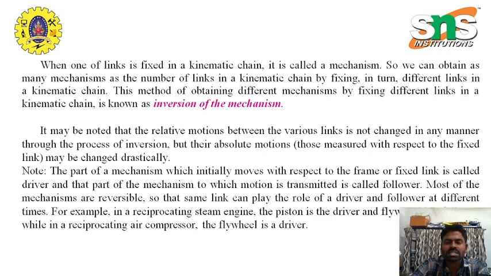So what is the purpose of fixing a link? By fixing different links in the system, we can get a different mechanism. That is why we go for the inversion of mechanisms.